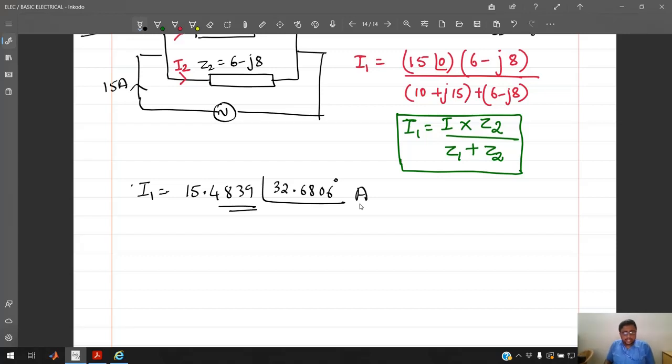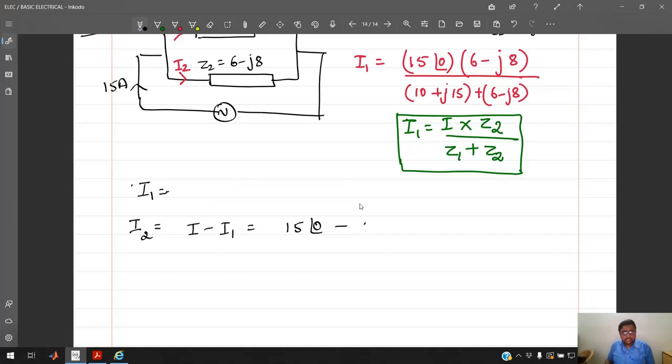Now how do you calculate I2? You already know I as 15 ampere. So I2 will be equal to I minus I1. Sorry, the value of I1 is different. The value of I1 is 8.58899 at an angle of minus 76.7594 degree ampere.